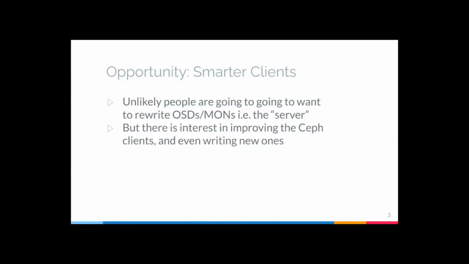So I think the real opportunity that's being missed out on here is smarter clients. It seems unlikely that people are going to want to rewrite the OSDs and the mons, the server, so to speak, of Ceph. But there's definitely interest in improving the Ceph clients and even writing new ones.